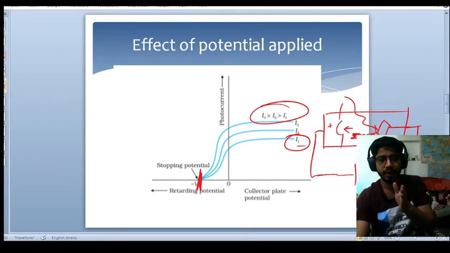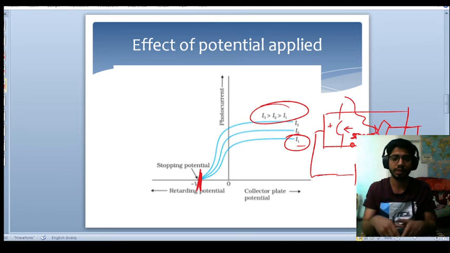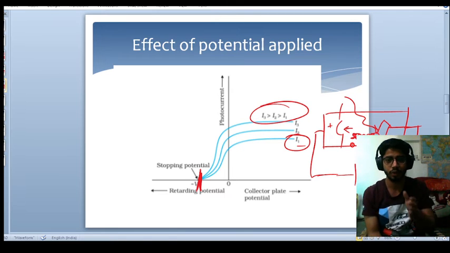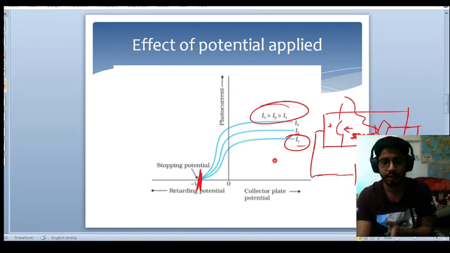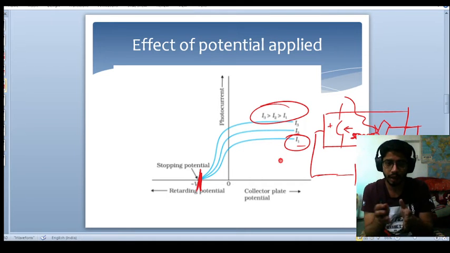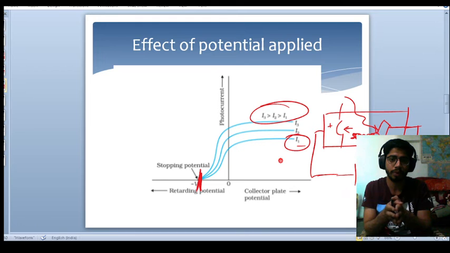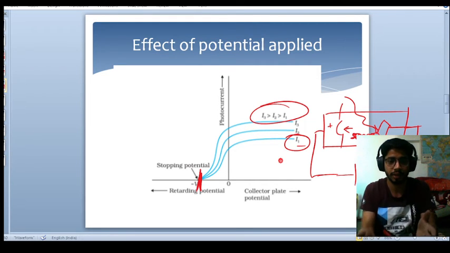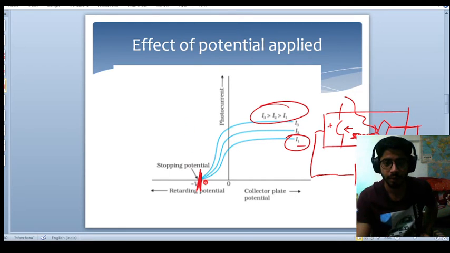If we are increasing the intensity, the number of electrons is increasing, not their kinetic energy. So the stopping potential for all these intensities should be equal, at a fixed point.